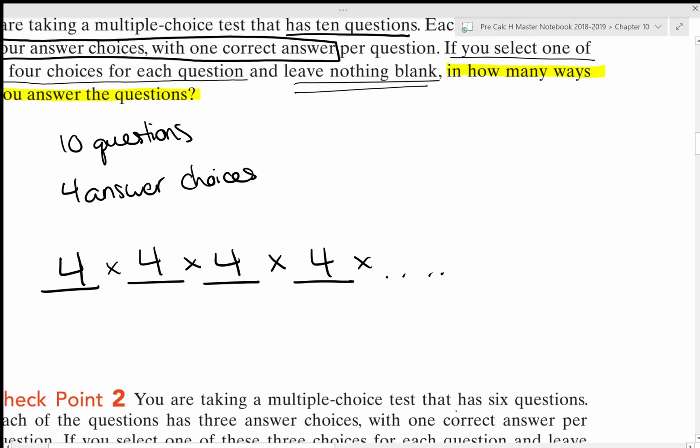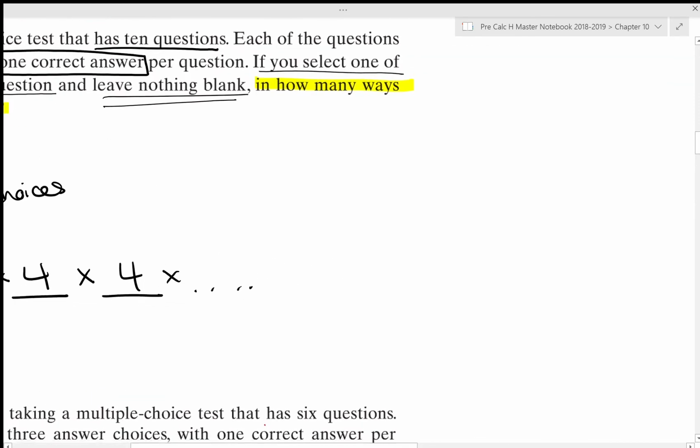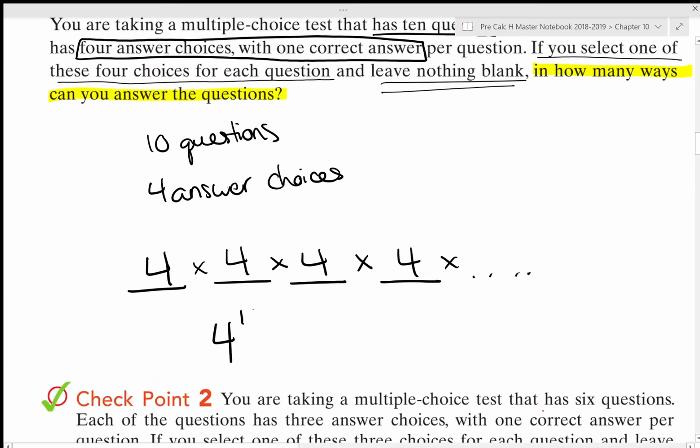So basically, you're multiplying 4 by itself ten times, because you have 10 questions, and all 10 questions have 4 choices. So this is how many possible ways you can answer this test.